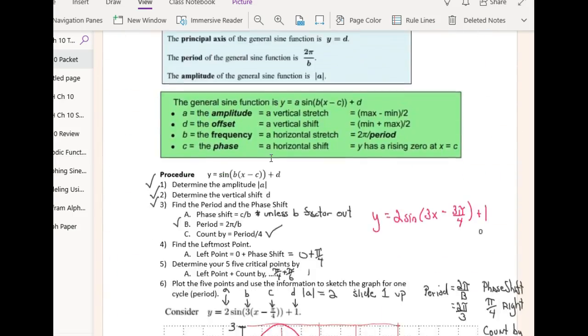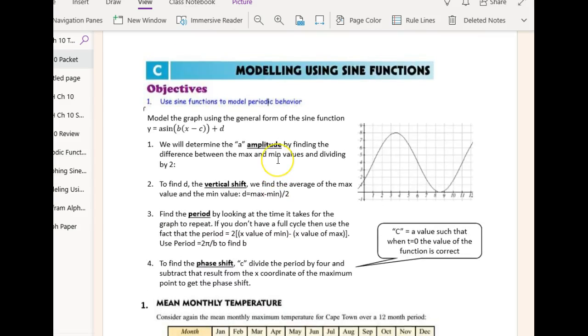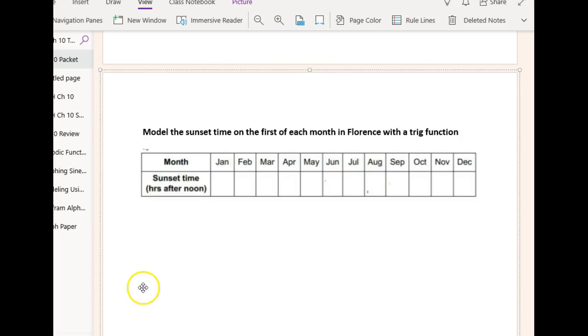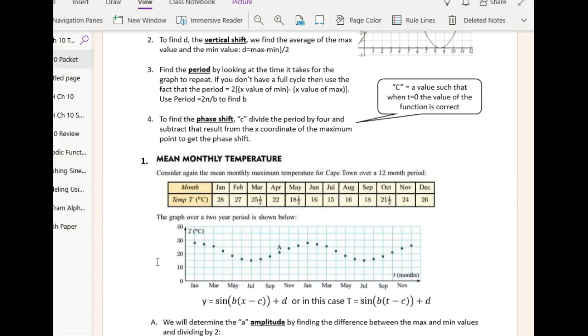All right, so if you would go to section C, which is page 9. All right, so let's go back to actually how you do it.